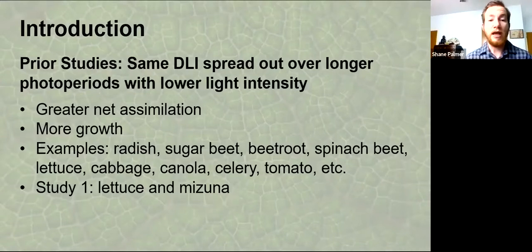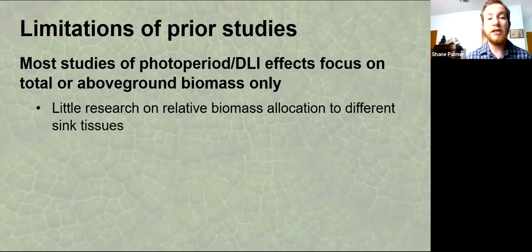The limitation I found is that most of these studies that looked at varying photoperiods with the same DLI focus either on total biomass or above ground biomass only, which works okay if you're working with lettuce and only care about above ground biomass as a single entity because you're chopping off the head and that's what you're selling.